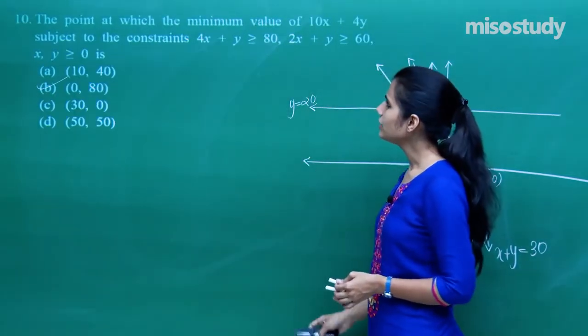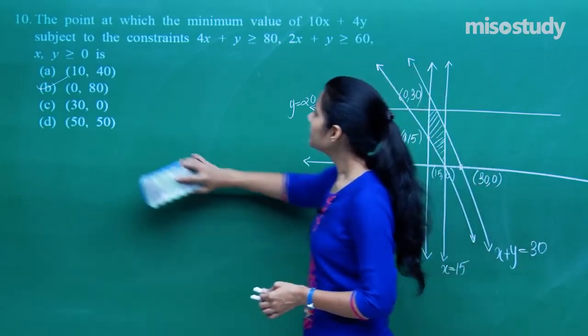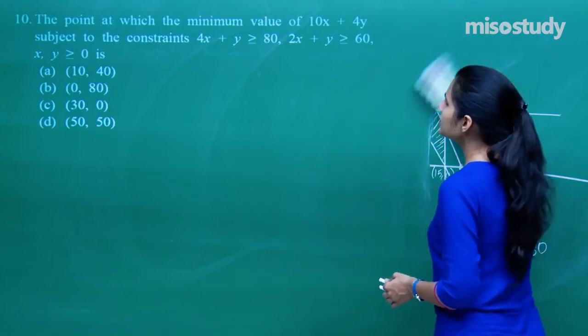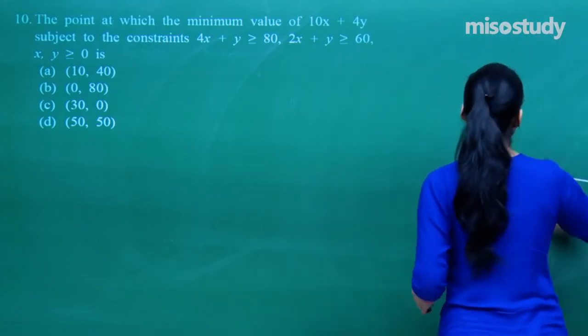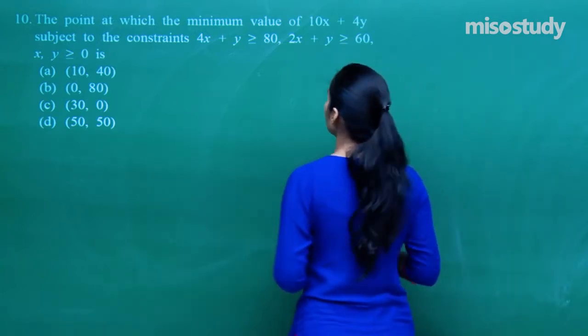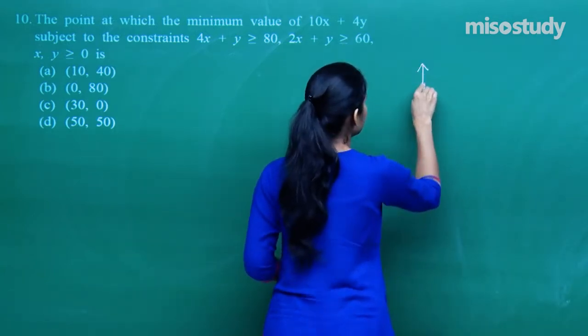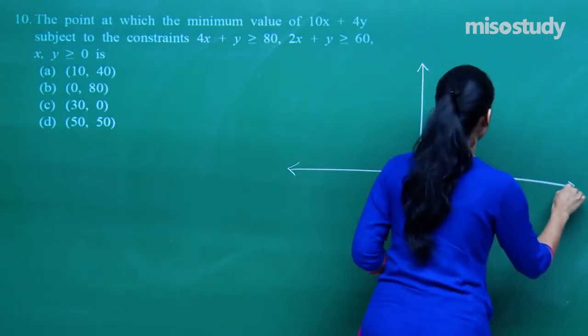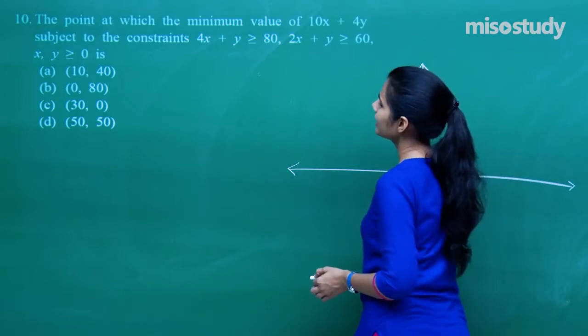Moving on to the next question, we have the point at which the minimum value of 10x plus 4y subject to these constraints is attained. Which is that point where this function obtains its minimum value? For that again we will have to plot the constraints. You have 4x plus y equals 80.